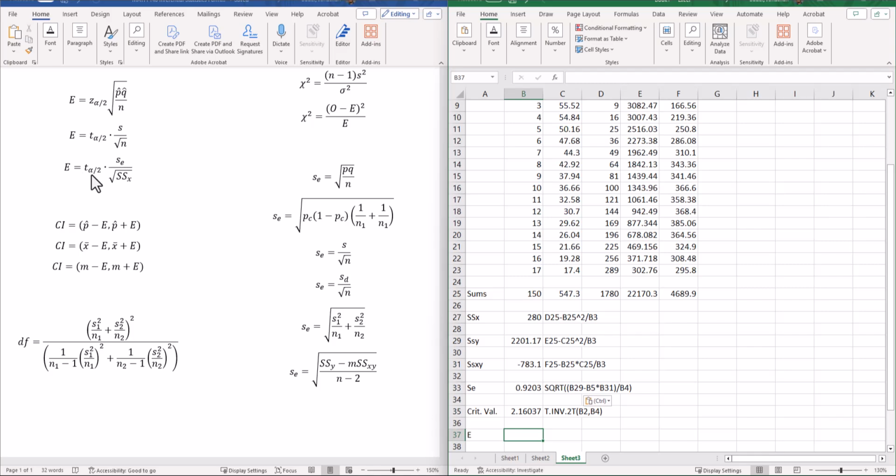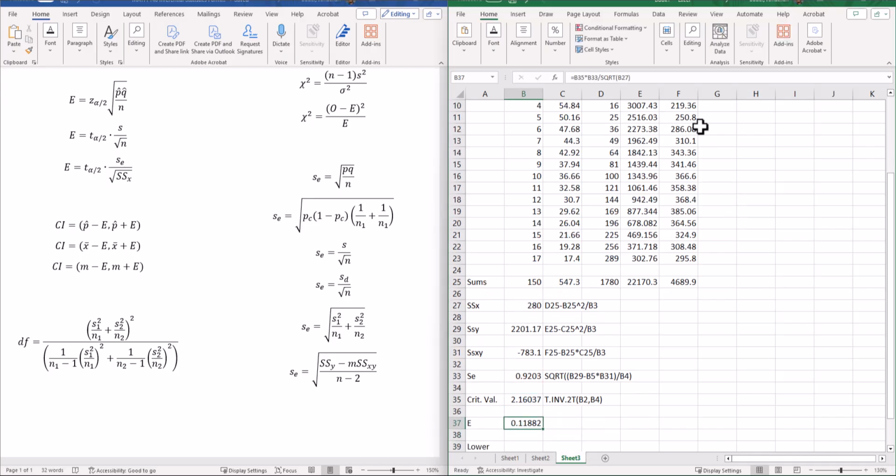We have actually here the t alpha over 2, that's the critical value, multiplied by the standard error, and divided by the square root of SSX. So the standard error, and then divided by the square root of SSX. This guy. Almost done.